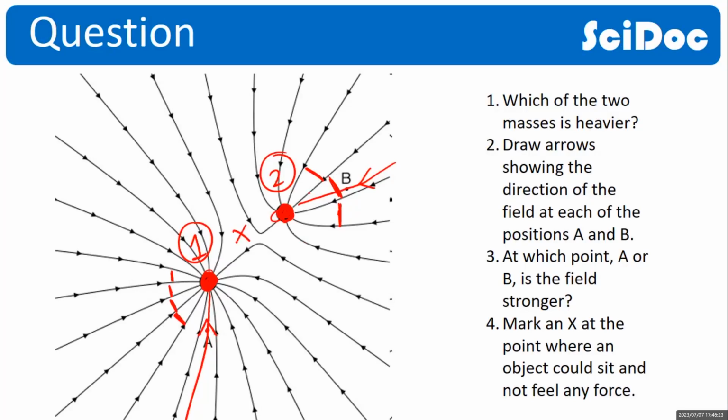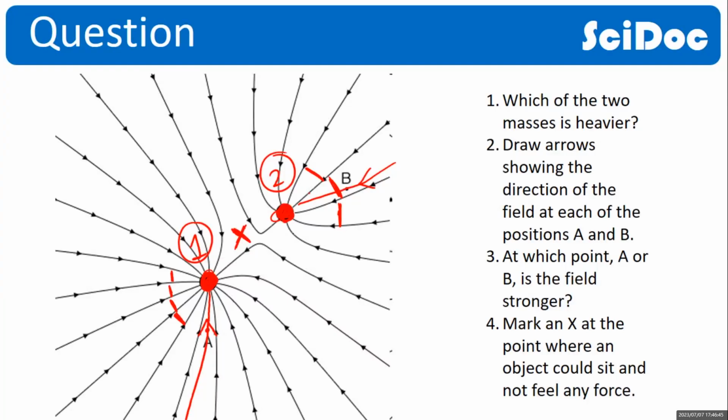So I can mark this point X here, and I can say that this point X is a point where there is no gravitational field. Why? Because this point is between the two masses, and because of these two masses, the field line at this point will be cancelled out.